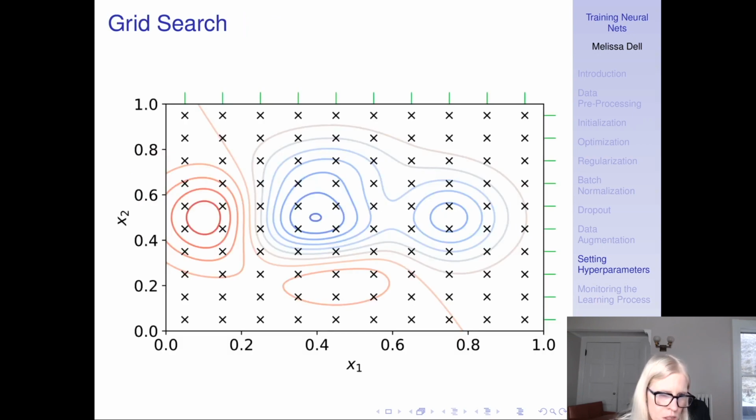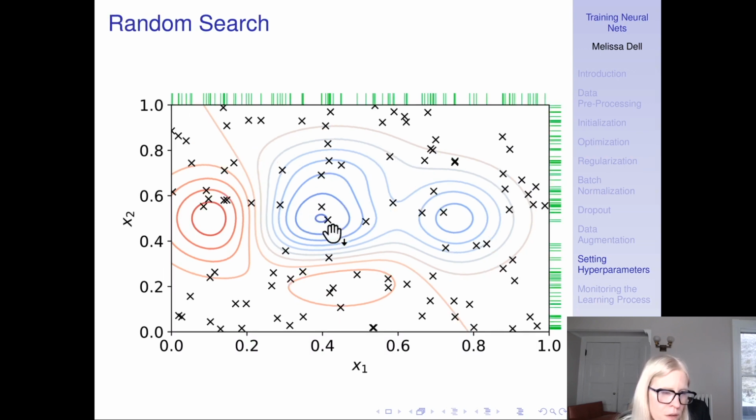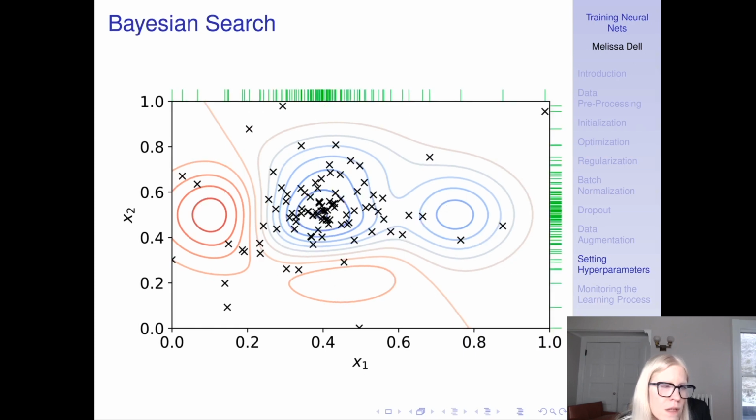So this is what grid search would be, and you can see that it is not getting us close at all to the local minimum here. We do a bit better with random search, but when we do Bayesian search, we stop early on hyperparameters that it's clear are not optimal, and we do more searches in areas of the space where it gets better results.